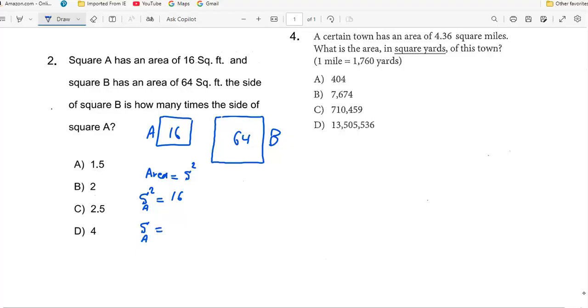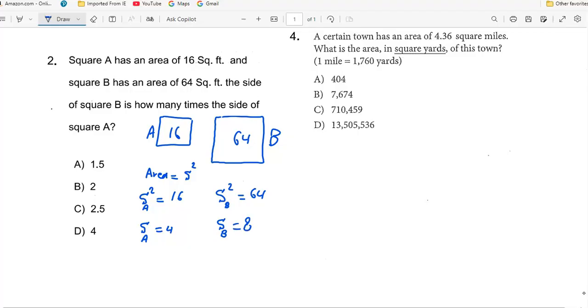Of course, we're not going to accept the negative, since lengths can't be negative, so we're going to take just 4. And the side of square B, the area, which is the side squared, is 64. So for the side of square B, you take the square root of both sides. Square root of 64 is 8.